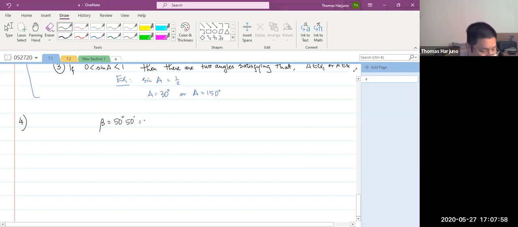So 50 over 60 equals 50.8333 degrees. And angle gamma is 70 degrees, 30 minutes, which is 70.5 degrees.